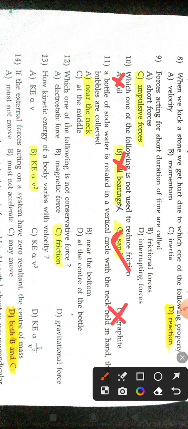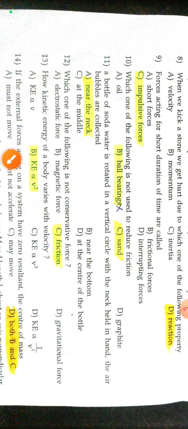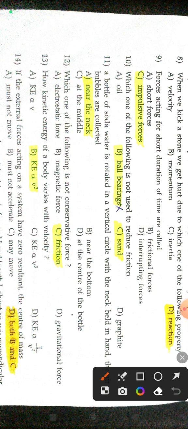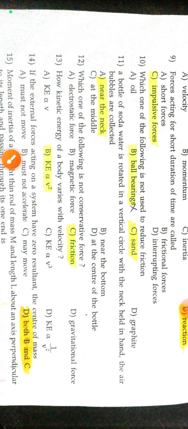Graphite is also used to reduce friction, that's why sand is the right answer here. Oil, ball bearings, graphite, all these are used to reduce friction, right? Okay, now we'll discuss the 11th question.